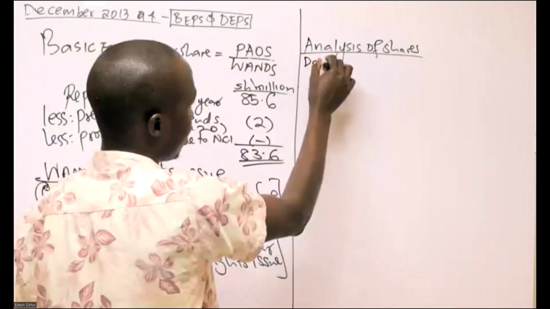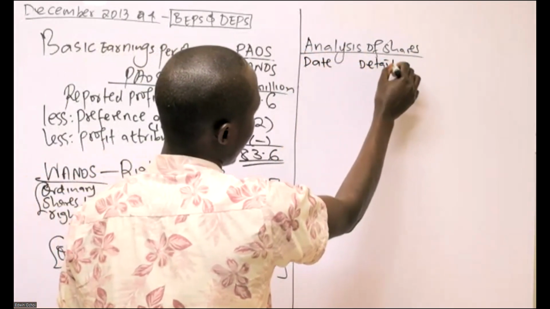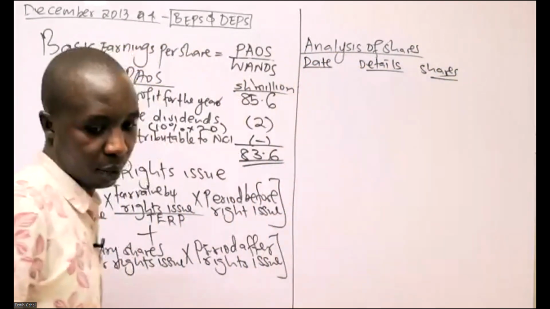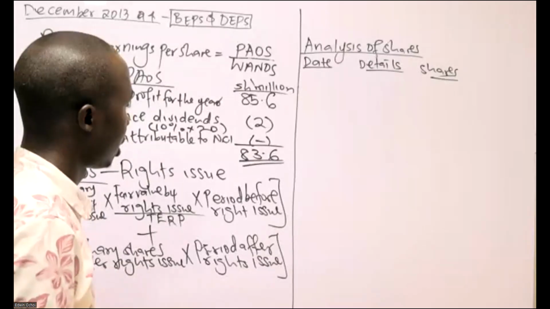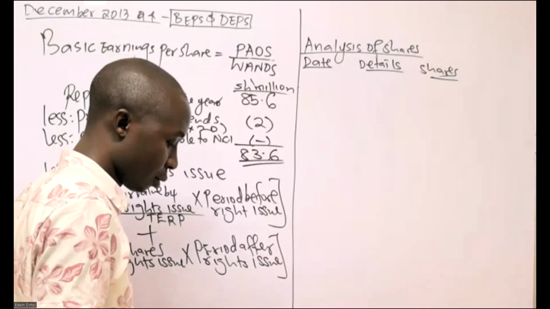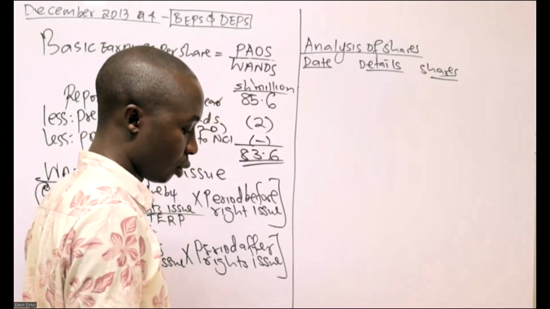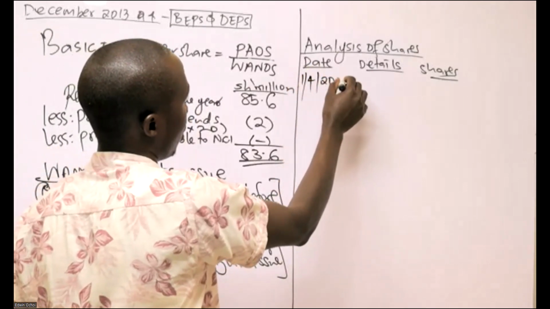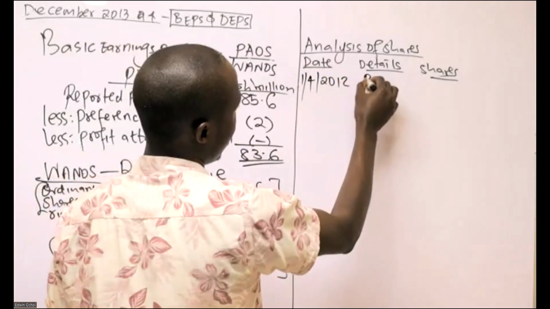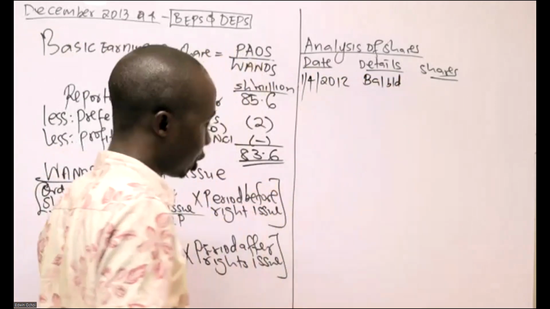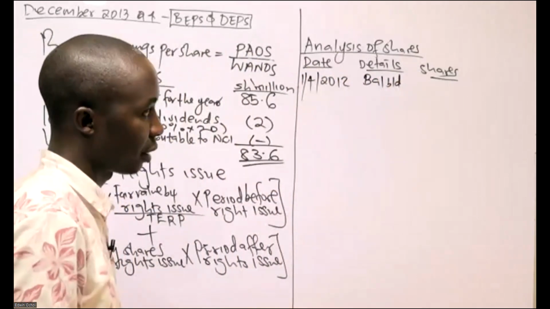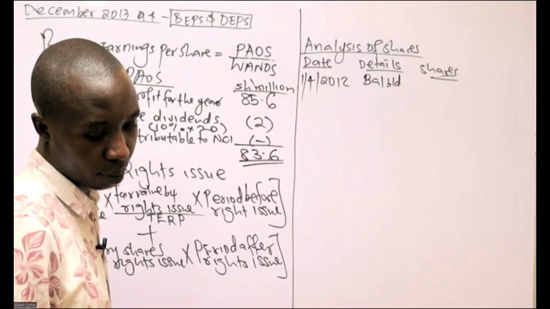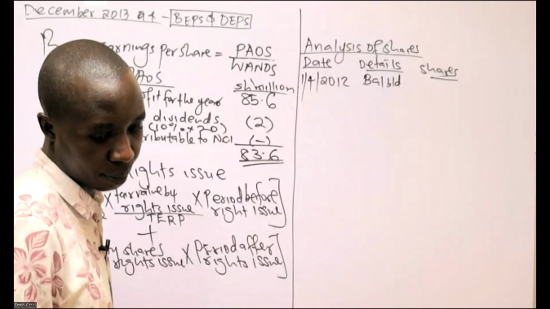So I will say date, details, shares. I need to get the shares to apply in my formula. Remember that our financial year ended on 31st March 2013, so it starts on 1st April 2012. The balance brought down is all about the shares as at the end of the previous year, based on the capital structure given.